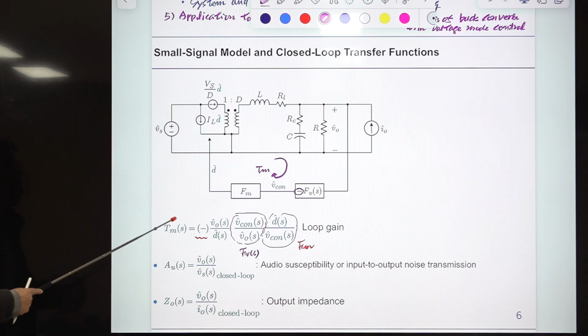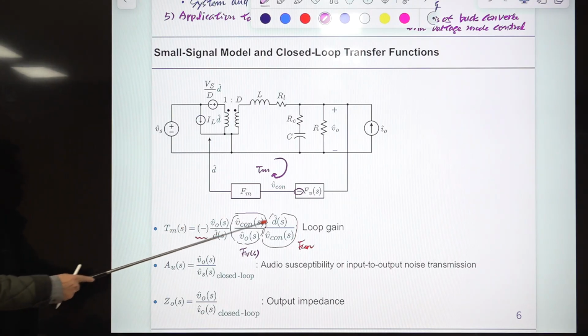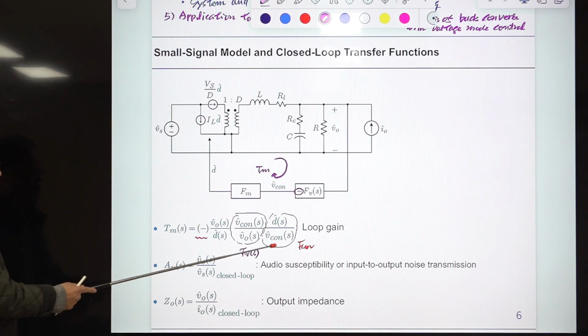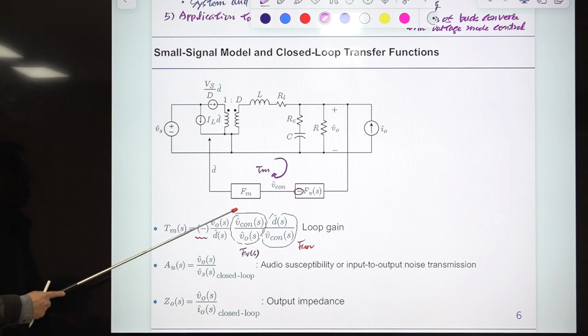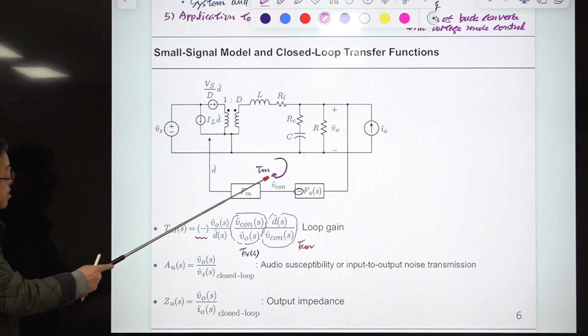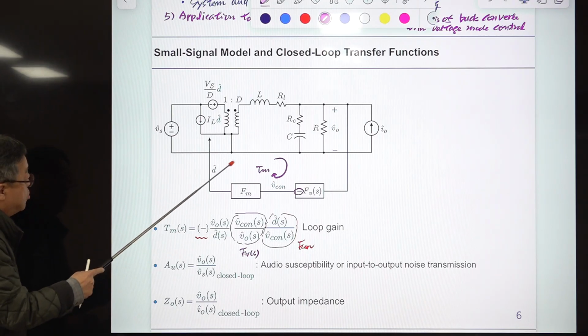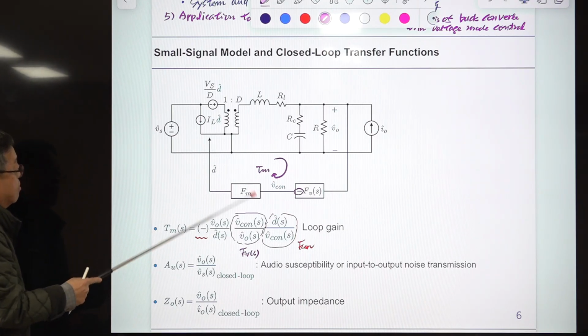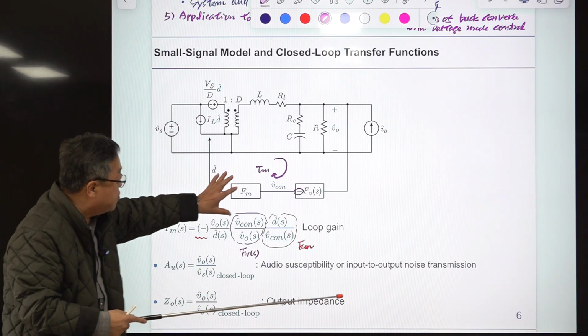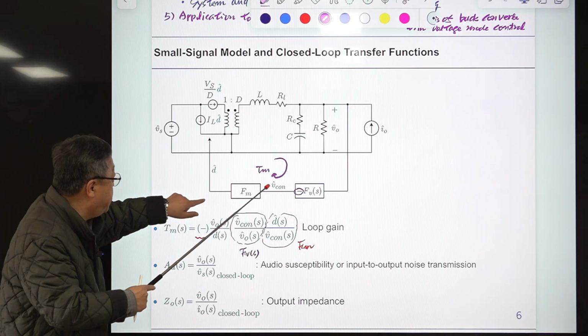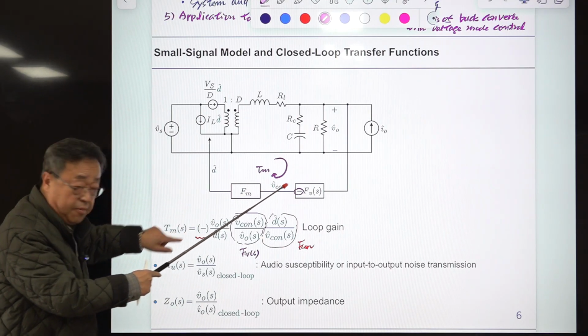First, the loop gain is important because loop gain determines the stability of the system. The loop gain is defined as the negative of the product of the transfer functions, the product of the gain terms present in the feedback path.